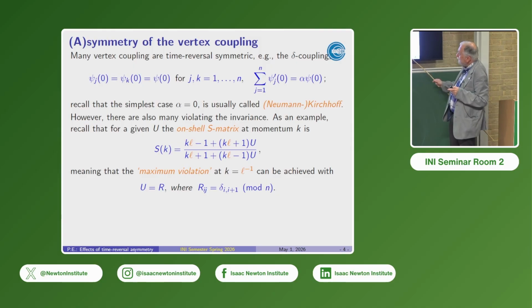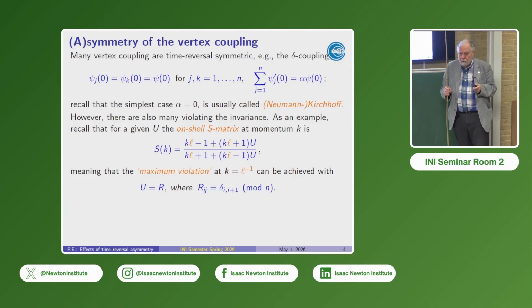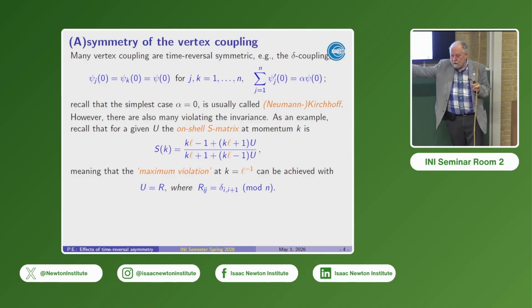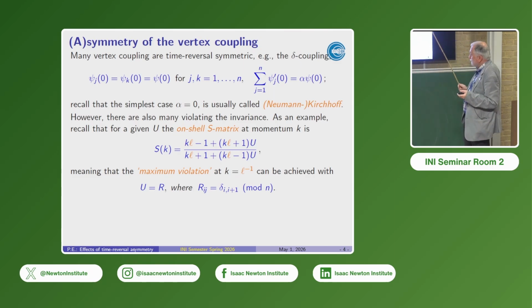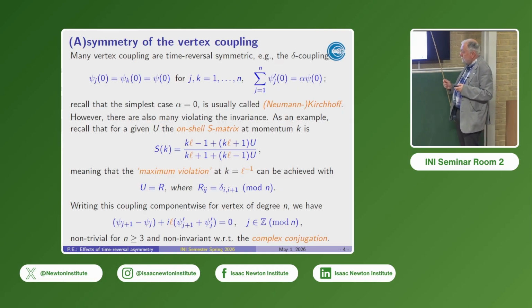Because if you take k equal 1 or k equal 1 over L, then the S matrix at this momentum is just the matrix U. So I choose a situation where a particle coming on the first edge leaves on the second edge, from the second to the third, something which obviously violates the invariance. If I write it in components, the conditions now look like this, and it is clear that it is not invariant with respect to complex conjugation, which represents the time reversal.